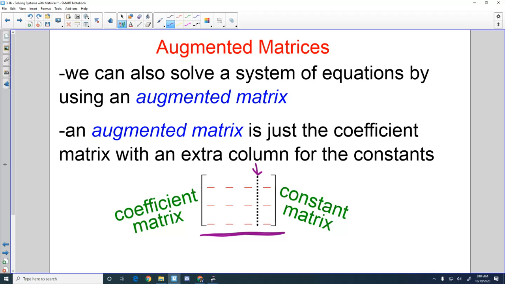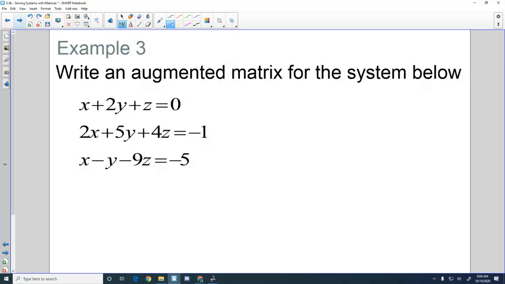All right, now what do we do with this augmented matrix? This will be when we've got 3 equations or more to solve, like these. So when you're getting to bigger and bigger numbers of systems of equations. First, I want you to take these three equations here and create an augmented matrix from them.